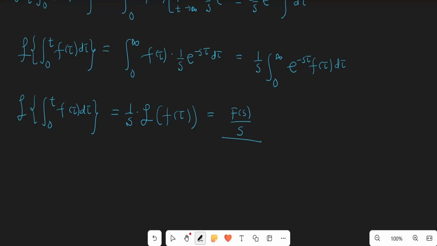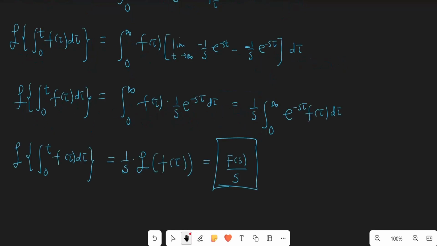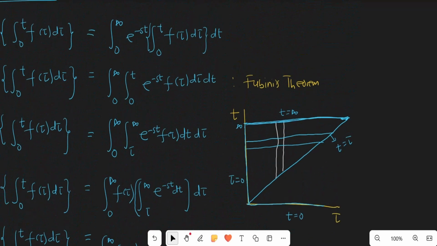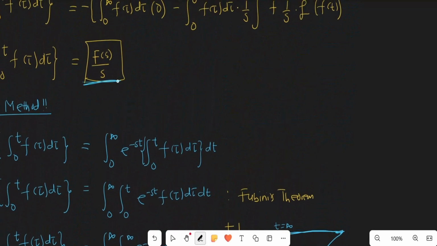And we see that this one matches with the answer from the first method. So capital F of s over s, and this is what we got from the first method.